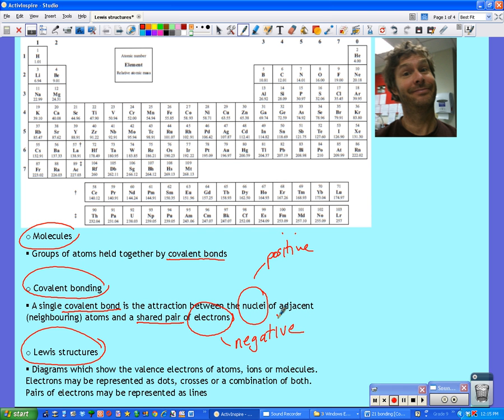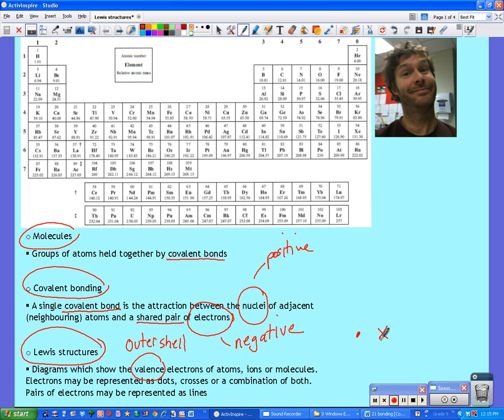Lewis structures are diagrams simply which show the valence electrons. Valence means outer shell, remember, outer shell electrons only, of atoms, ions or molecules, and we can represent them in a number of ways: as dots, as crosses.